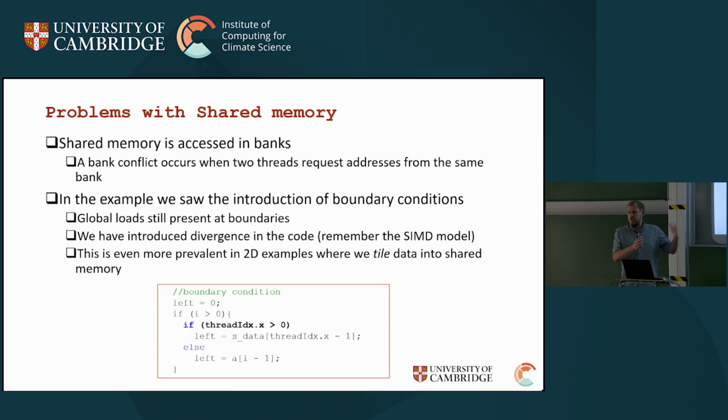If your halo region's big, then you can have multiple threads towards the beginning of your block load multiple values in. If you preload them, yes, you add some divergence in a different place, but it means you can have all of the memory available in shared memory. So there's a bit of a trade-off. If you're reading from shared memory a lot, it's better to have that divergence in the load, and then your reads are constantly quite good.